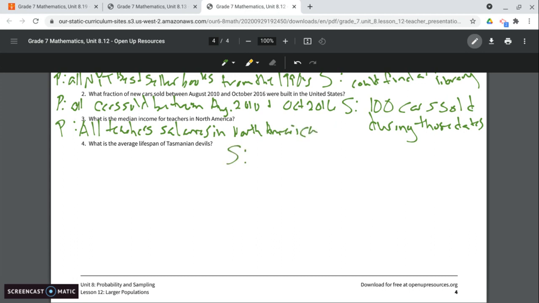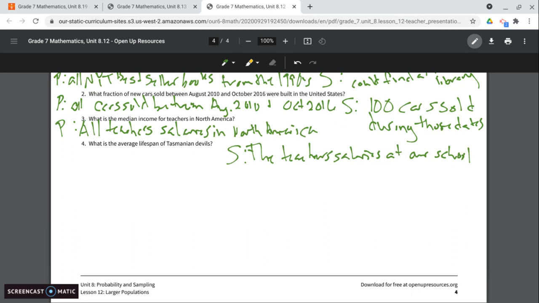The sample can be the teachers' salaries at our school. So that'd be a smaller population size. We'd use the teachers just from within our school to represent the whole group.